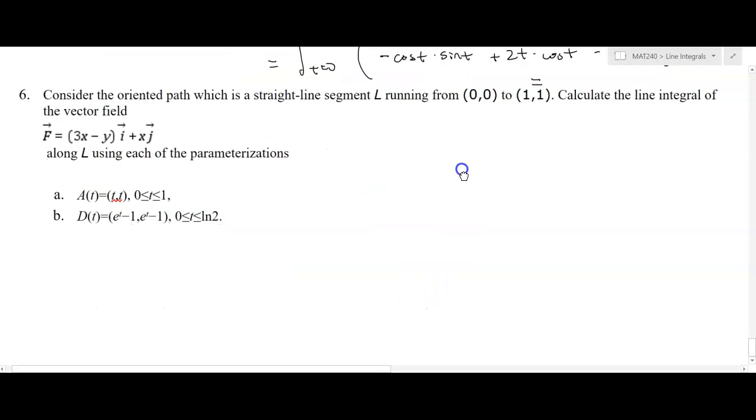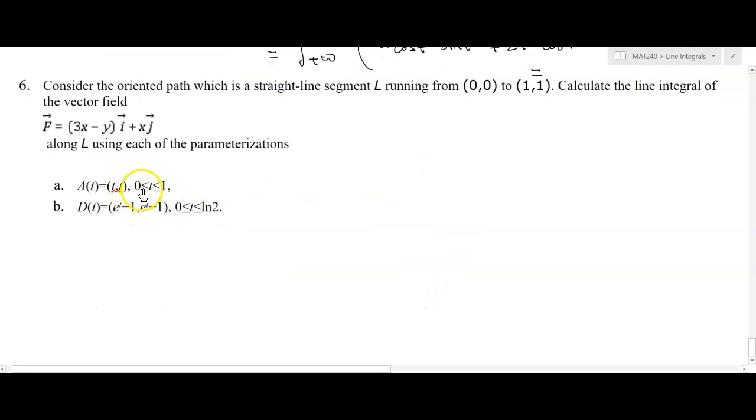Okay, in this last example, I want to look at something where we have two different parameterizations for the exact same path. Consider the oriented path, which is a straight line segment running from 0, 0 to 1, 1. Calculate the line integral of the vector field 3x minus y and x along L using each of the parameterizations.